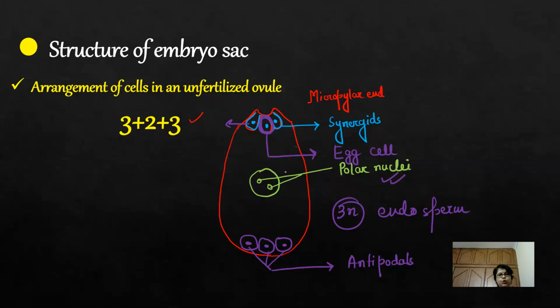One will form endosperm and the other will form the diploid zygote.